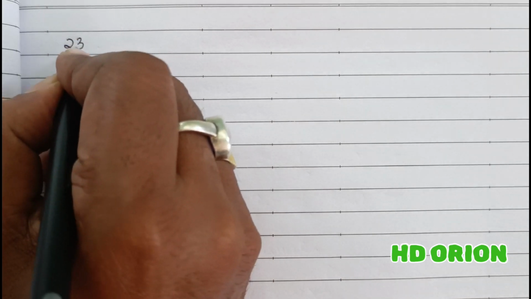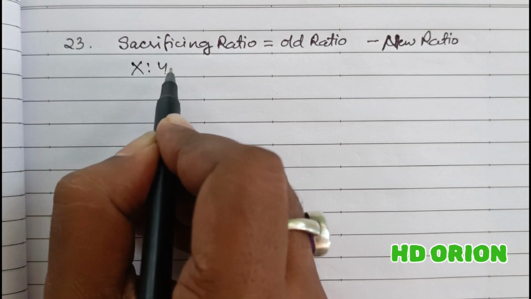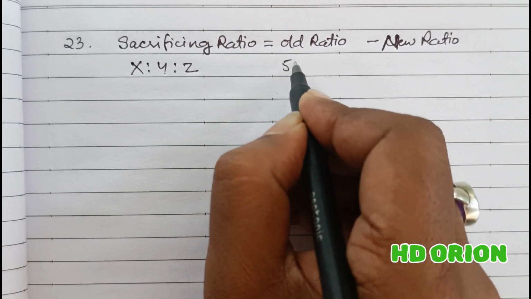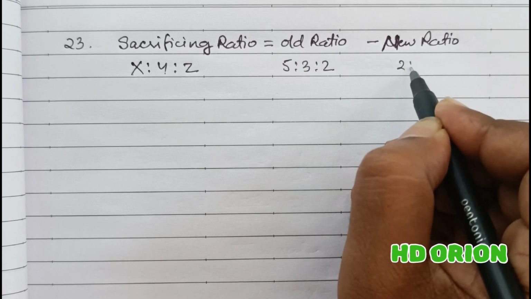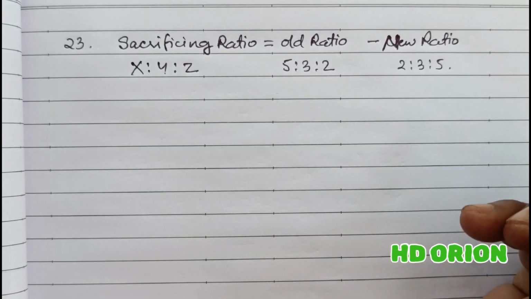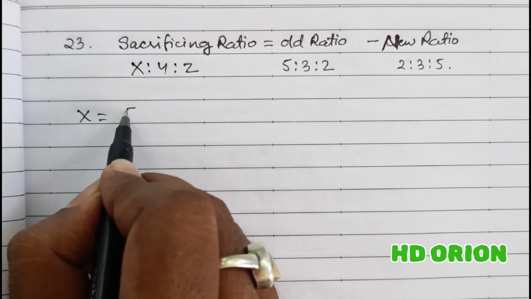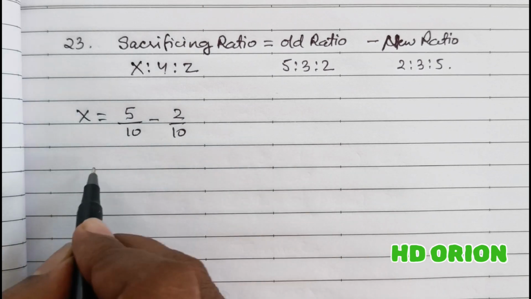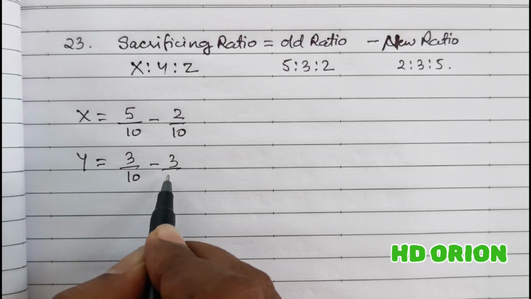So solution 23, we know how to calculate sacrificing ratio, and we are having three partners, X, Y, and Z, and their old ratio is 5:3:2, and the new ratio is 2:3:5. So let us calculate sacrificing ratio for X. It is 5/10 minus 2/10. For Y, it is 3/10 minus 3/10.